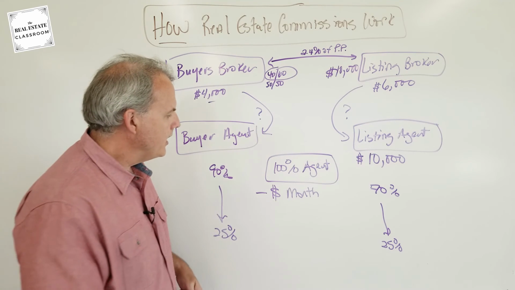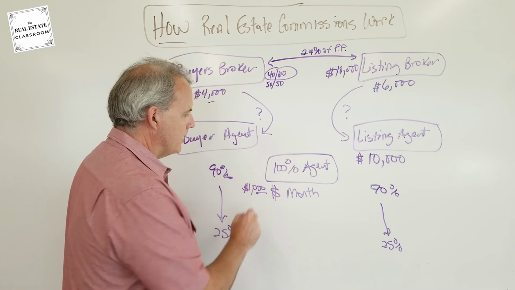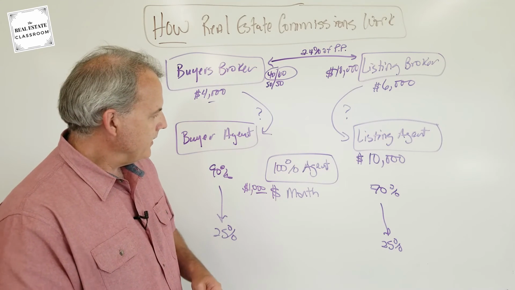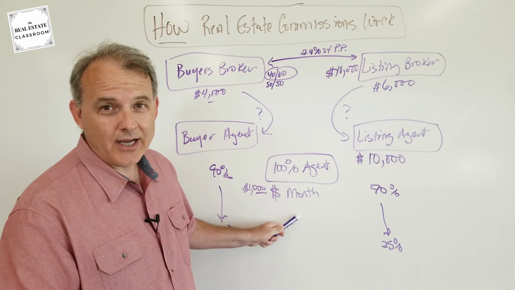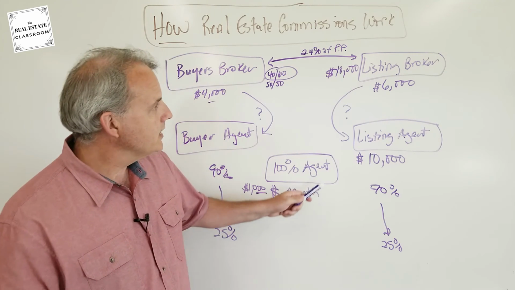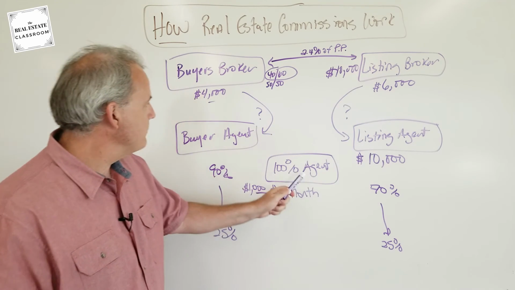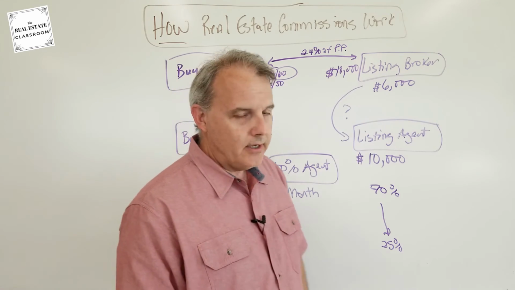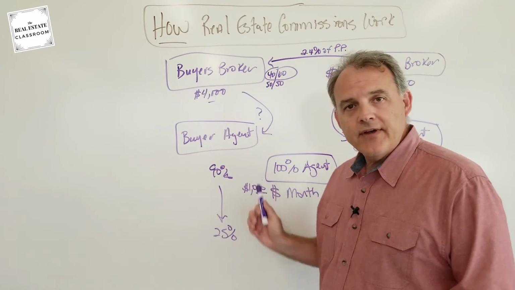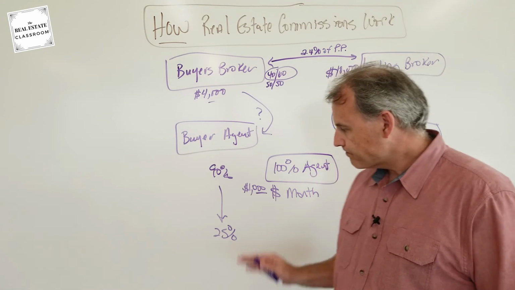So maybe you pay your broker, let's say, $1,000 every month. That means you pay $1,000 to your broker whether you sell anything or not. But in return you get to keep 100% of that $6,000, or you get to keep 100% of that $4,000 if you're the buyer's agent. And this number too can vary depending on what you negotiate with your designated broker.